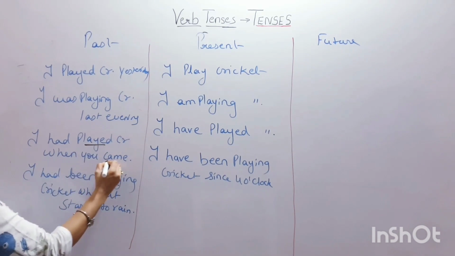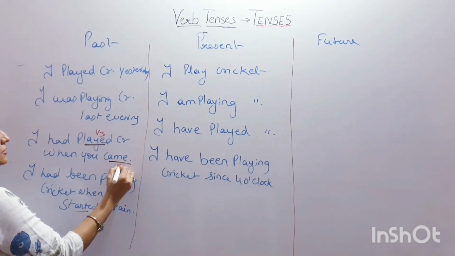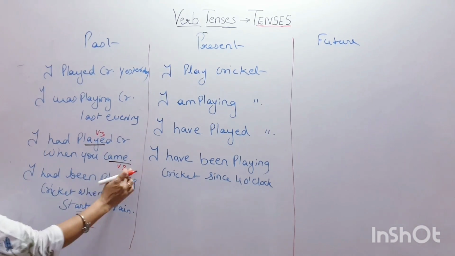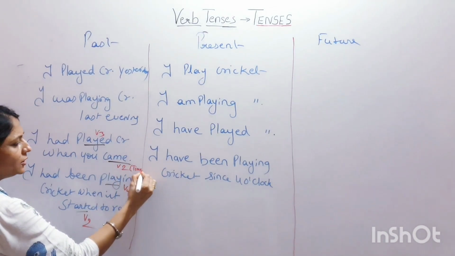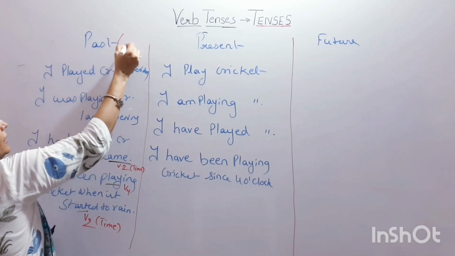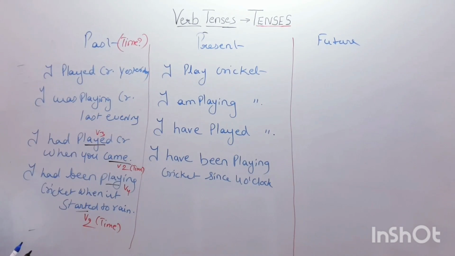Here it was played and came. This was V3, this was V2, again this was V4 and this was V2. The second action was automatically functioning as the time for the first action and time is the mandatory condition for all the past tense.